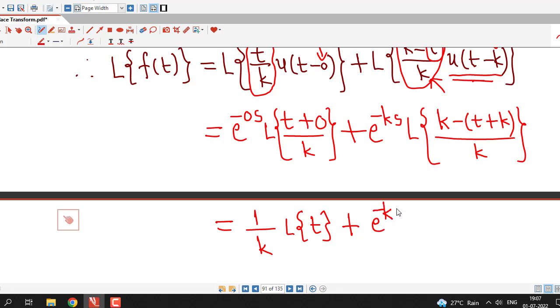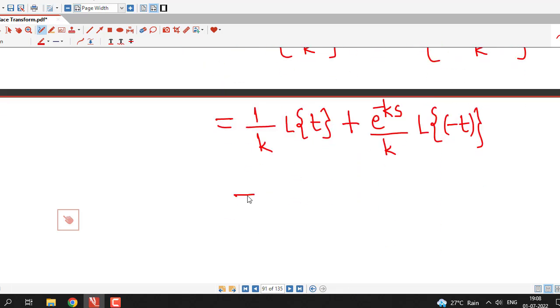We can take this k common, 1 by k outside using the linearity property, and if we consider this negative sign inside the bracket, we have k minus t minus k. So k will cancel out and we will be left with minus t. So this is 1 by k. The Laplace transform of t is 1 divided by s square.